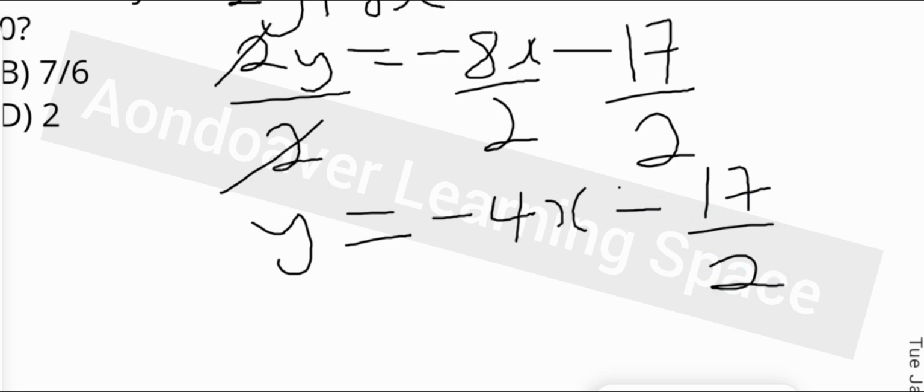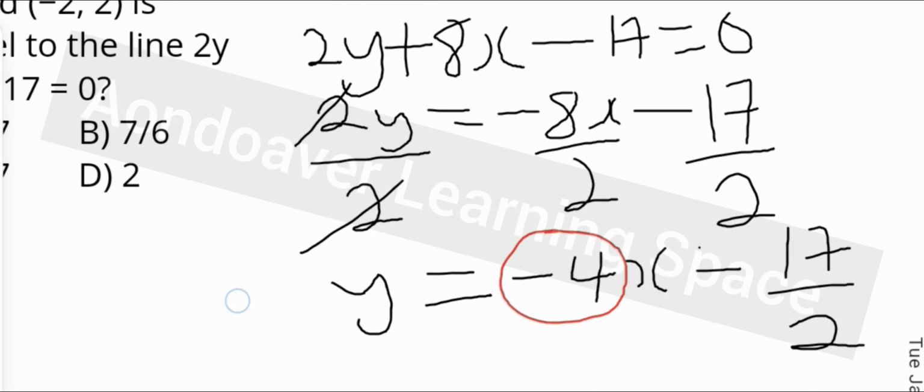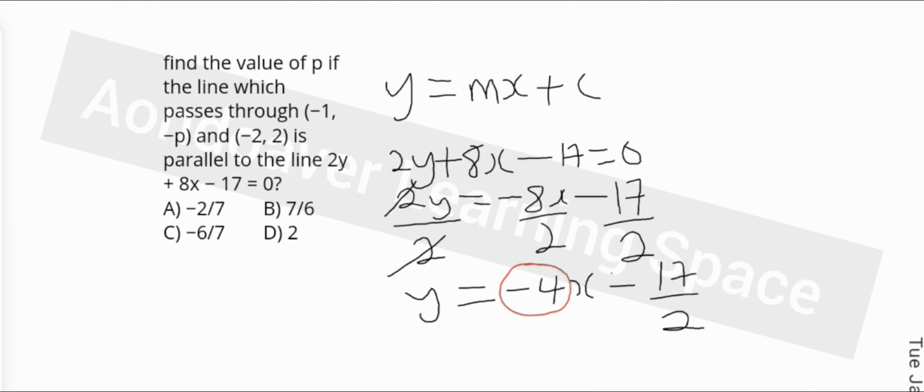Now this is the value that we are concerned about, the coefficient of x, which is minus 4. So if we compare this with y = mx + c, you discover that m here is equal to -4, which means the slope of the line that has this equation is -4.